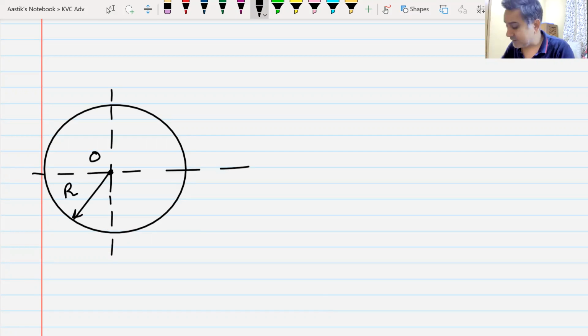Now, let us say that he is moving with a velocity. This is the velocity that the particle is having, the original velocity that we talked about in motion in 1D and 2D. Now, remember here, there are two directions.